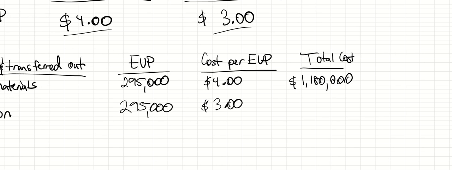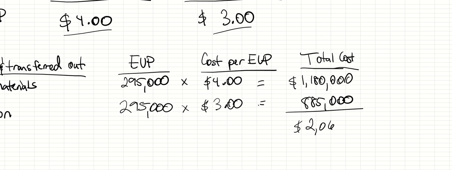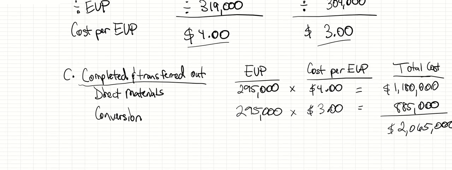The total comes out to be $885,000. When computing the total cost, I'm taking the EUP and multiplying it by the cost per equivalent unit of production. So our total cost comes out to be $2,065,000, in respect to the units completed and transferred out from the forming department into the painting department for direct materials and conversion.